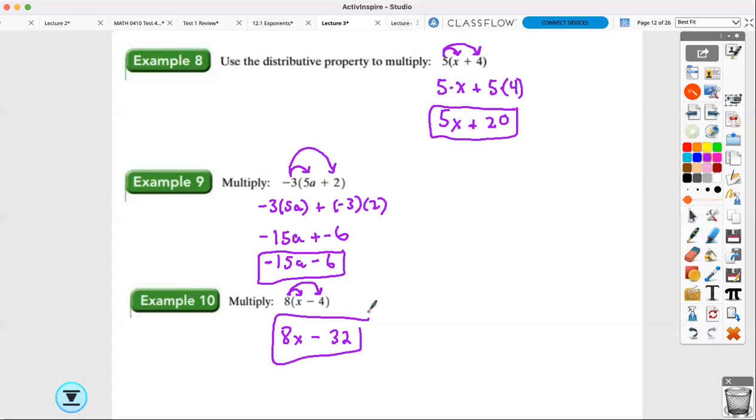Any questions on using distribution right now? Any questions at all?